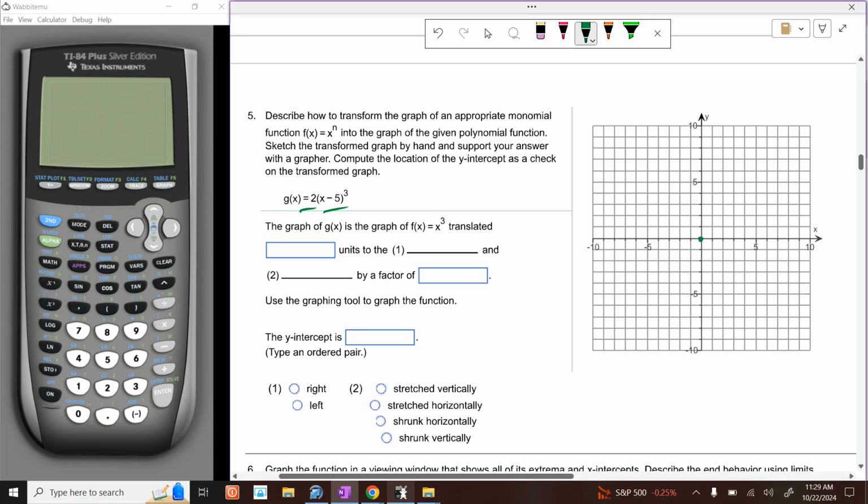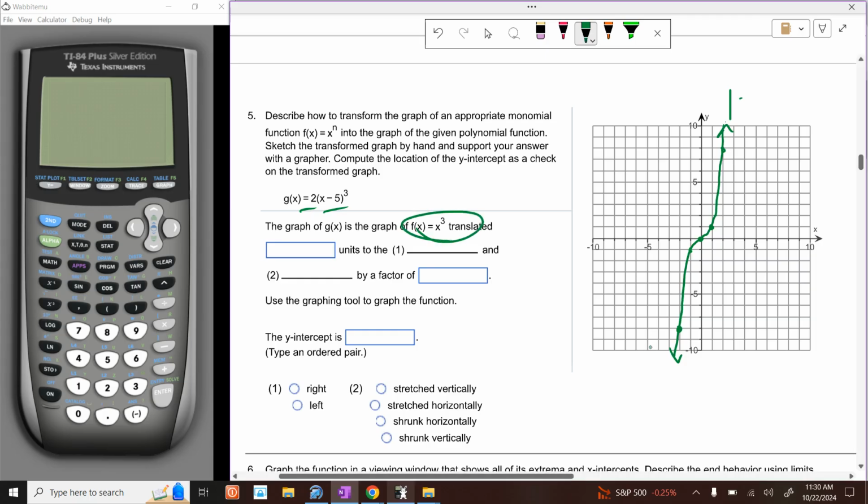The x cubed graph goes through here, here, here, here, and here. 2, 8, 1, 1, 0, 0, negative 1, negative 1, negative 2, negative 8. Okay, that's the original x cubed graph.